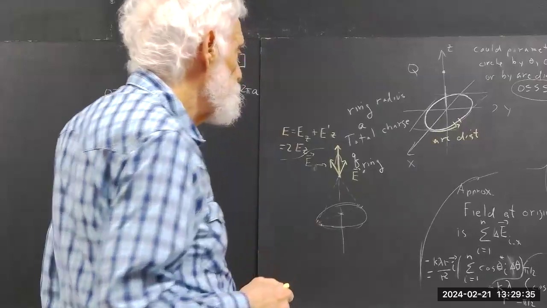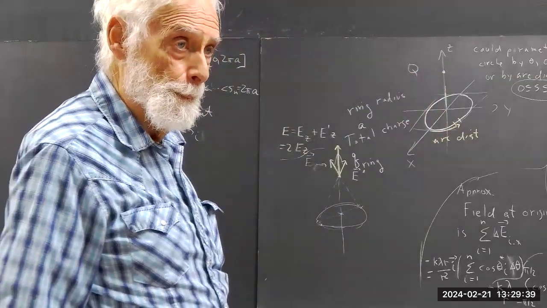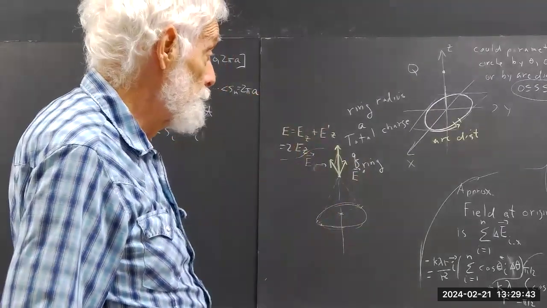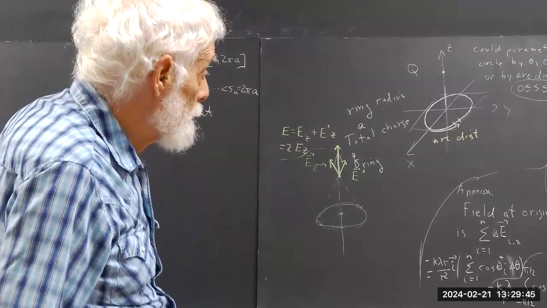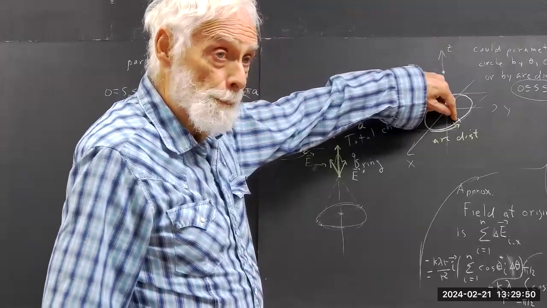What's the arc distance? If s is the distance I've gone along the arc, well, that is the arc distance, what I just asked was. Because what are the coordinates of our point?